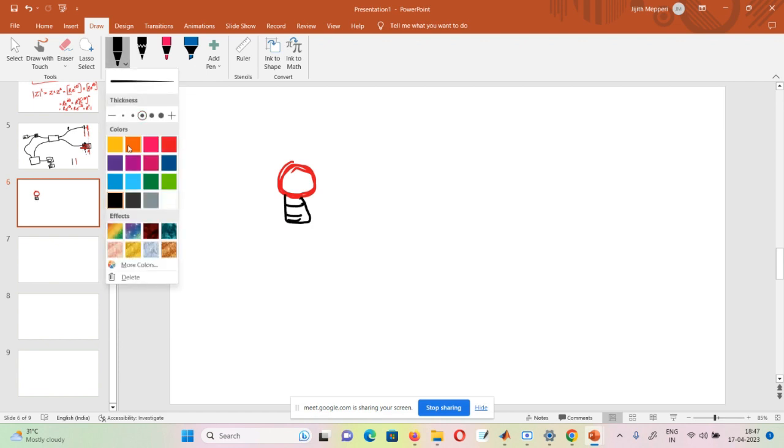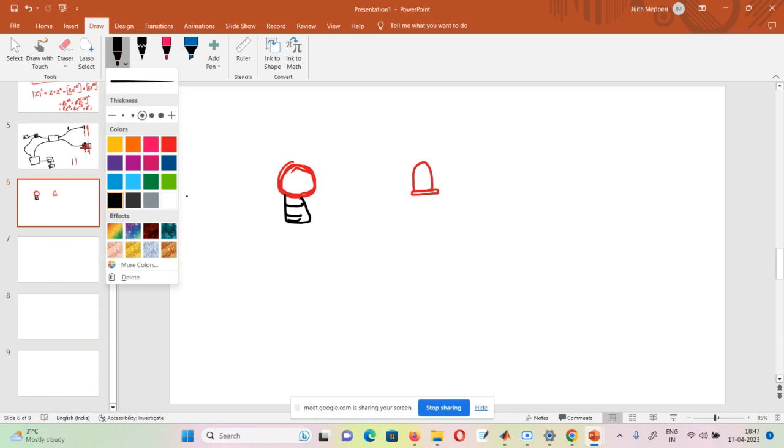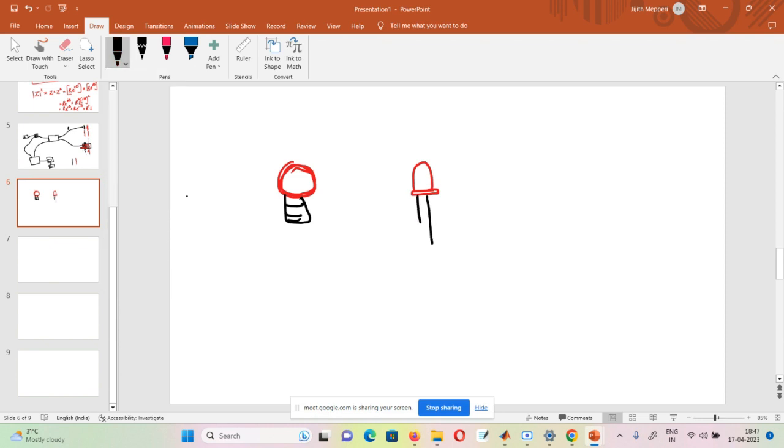The second light source is a red LED. The third one is a red laser pointer.